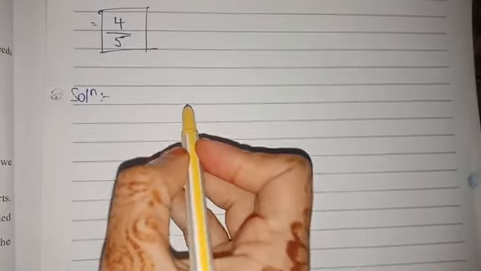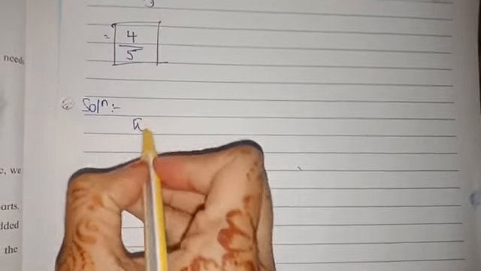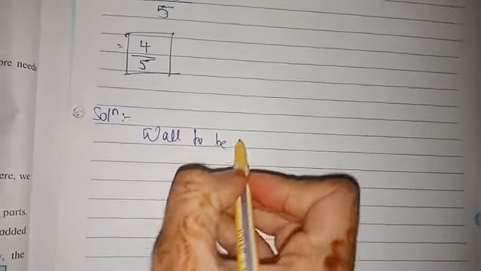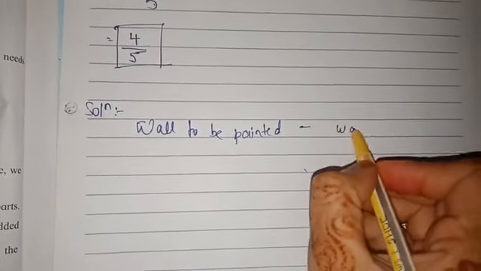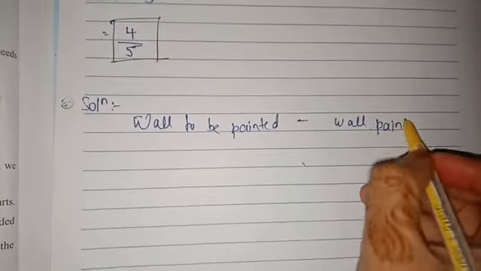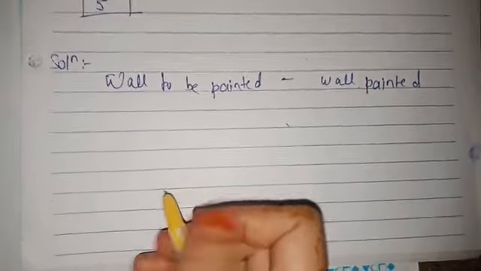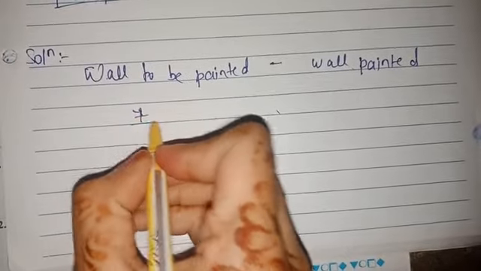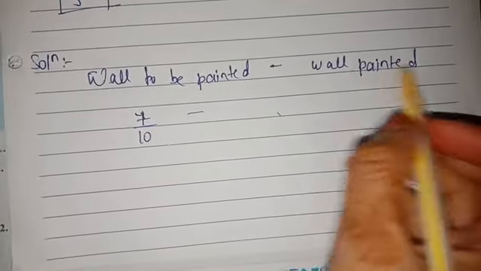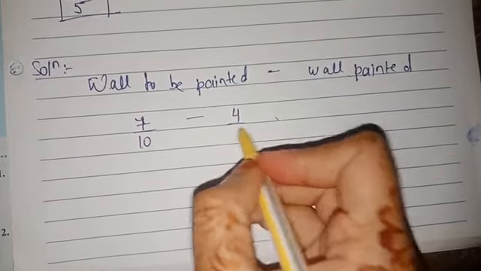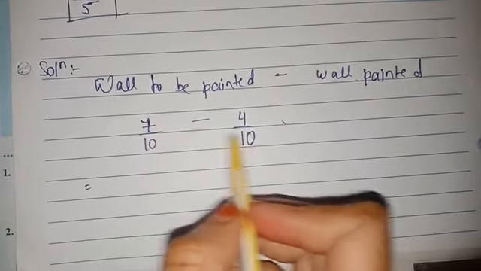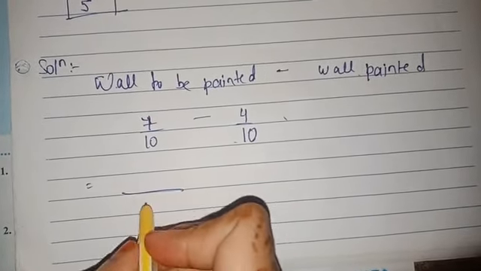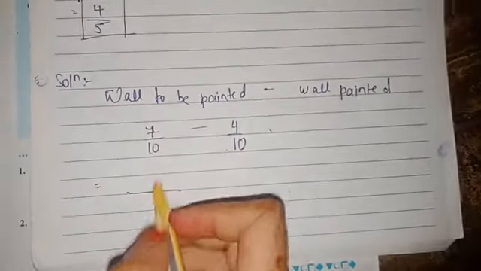Now we will subtract wall to be painted minus wall painted. So wall to be painted is 7/10 minus wall painted 4/10. Right, now this is a like fraction, so we will write the denominator as it is, that is 10.